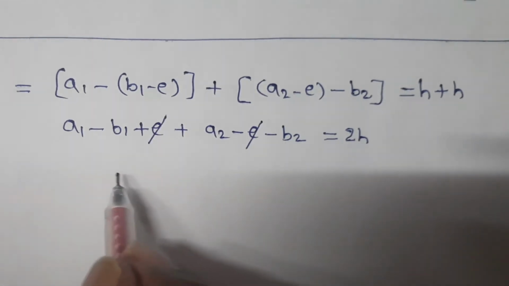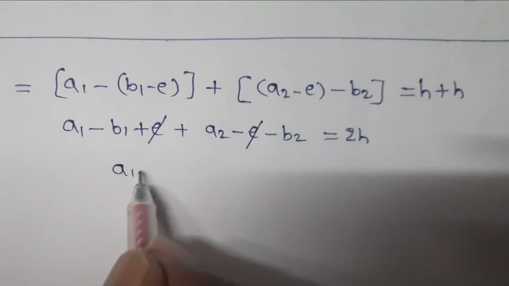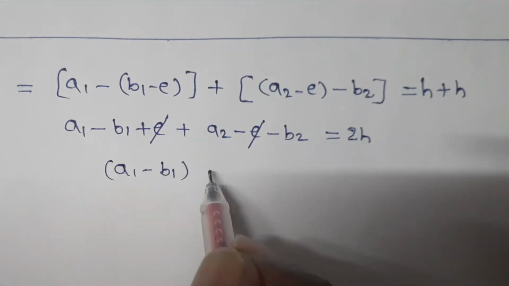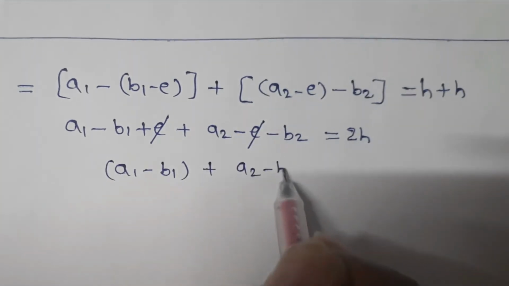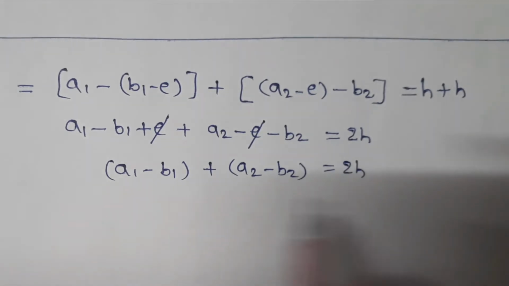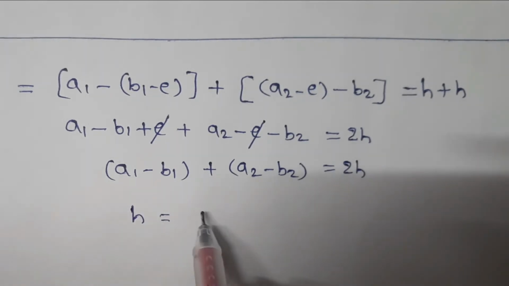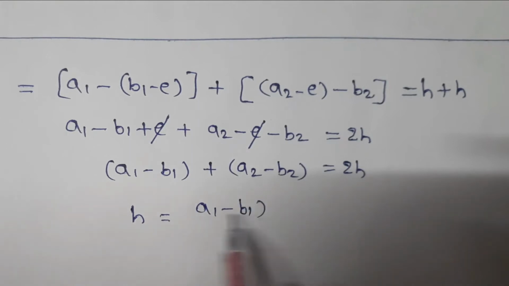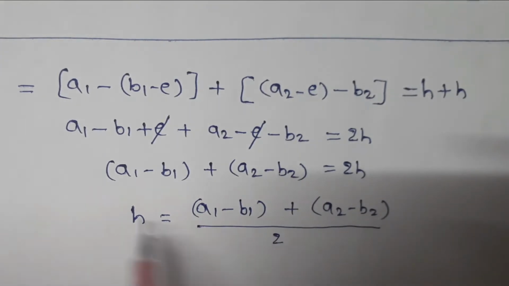Cancel E and E. A1 minus B1 plus A2 minus B2 is equal to 2H. H is equal to A1 minus B1 plus A2 minus B2 divided by 2.